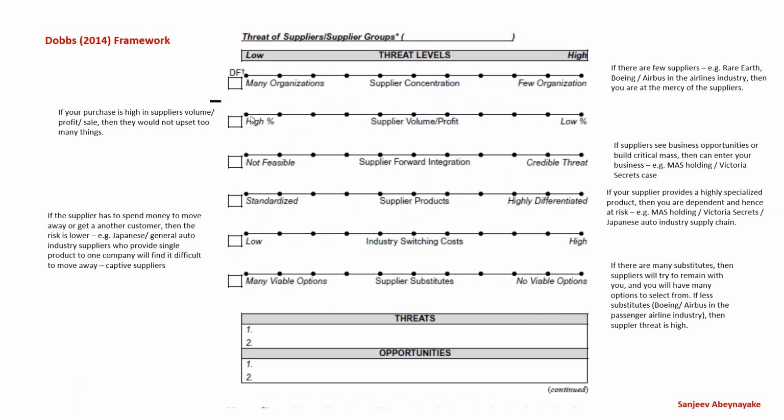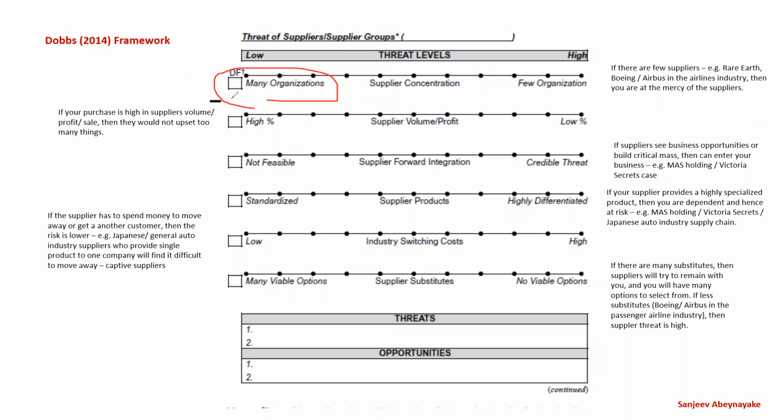Moving on, this is more on the threat of the supplier side, right? Your suppliers, you are in that industry. The obvious one is that if there are many suppliers for your industry, then the supplier power is very low. So you have a huge amount of power.